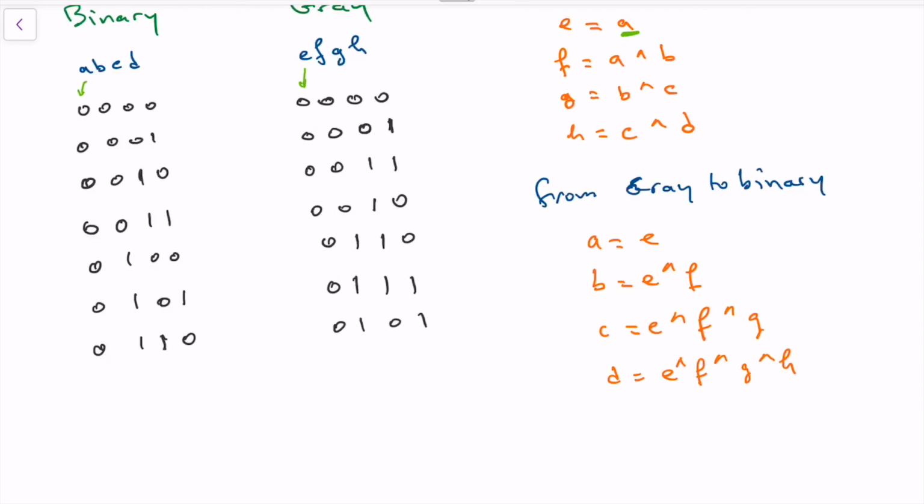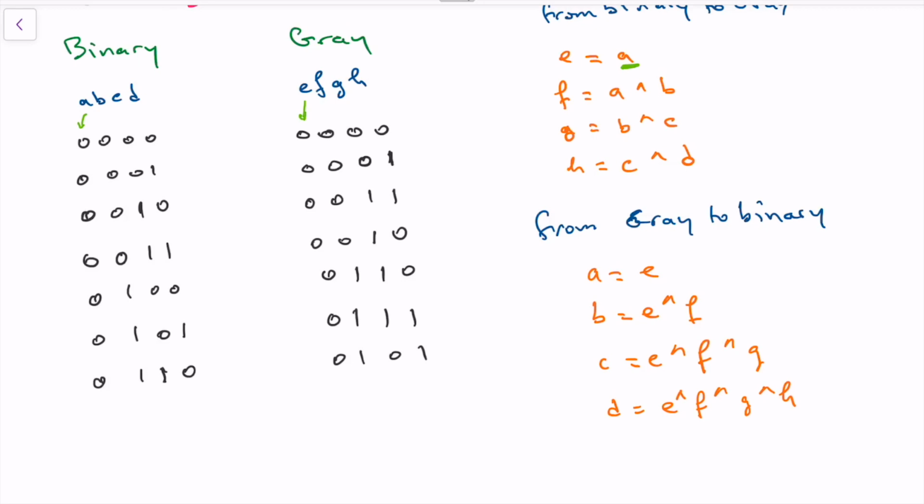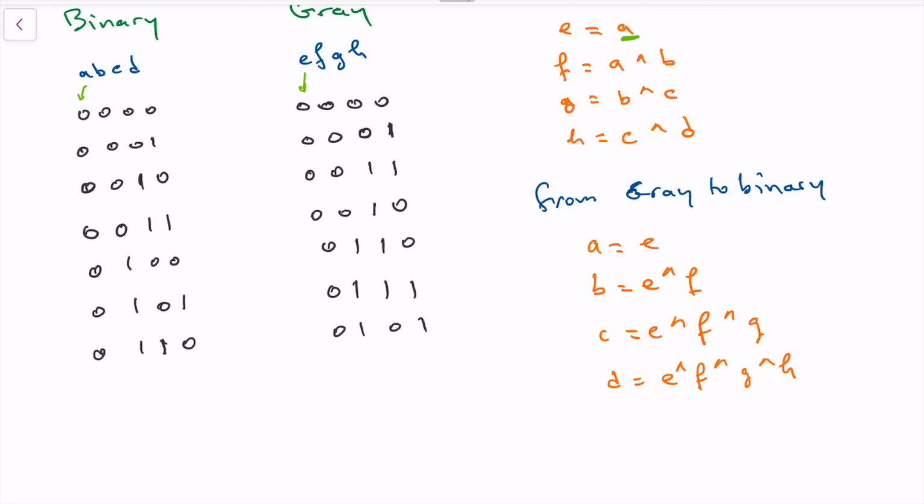Okay, so now let's see the reverse formula, which is basically going from the gray code here to the binary representation. The formula is just for A, the first bit of the binary, take the first bit of the gray code. For B, the second bit of the binary representation, take the XOR of the two first bits of the gray code. For C, take the XOR of the 3 first bits of the gray code.